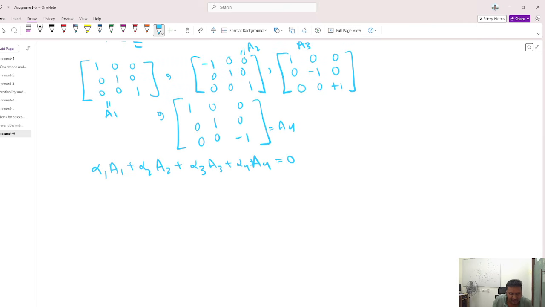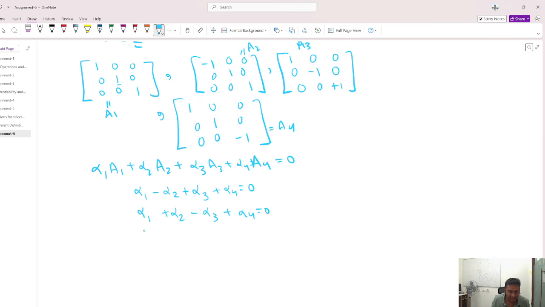What you will get from here is alpha 1 minus alpha 2 plus alpha 3 plus alpha 4 is 0, from the first entry. From the second entry, I mean second as in this, all others are 0, right? So alpha 1 plus alpha 2 minus alpha 3 plus alpha 4 is 0.